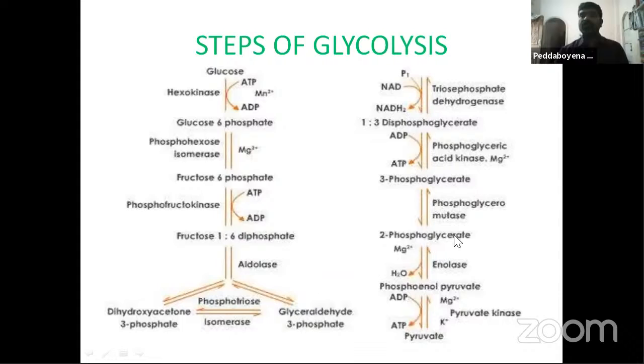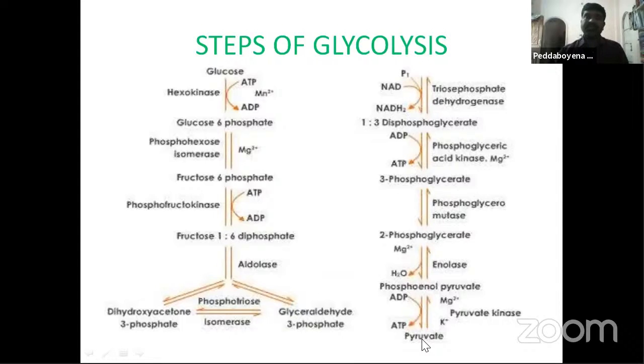Next, 2-phosphoglycerate gives phosphoenol pyruvate plus H2O. Plus means released H2O. On the arrow mark, you should write enolase. Next, phosphoenol pyruvate plus ADP gives rise to pyruvic acid and ATP.